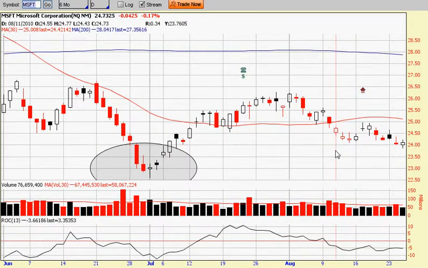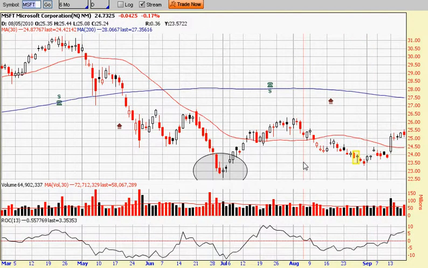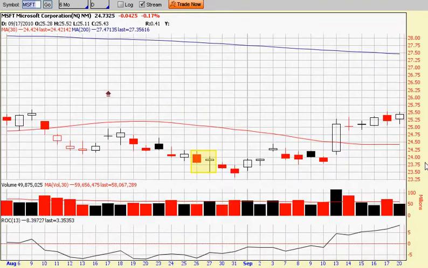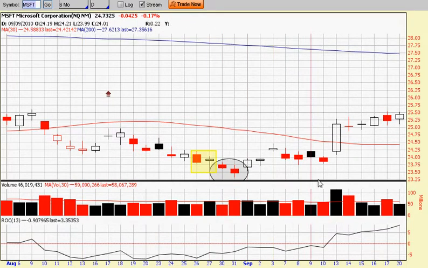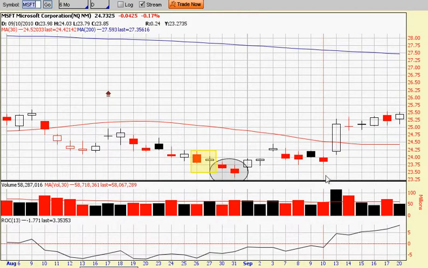Then we have right here, 1, 2, 3. That is a bottom right there. So we have our second basing point, and 1, 2, 3, our third basing point.